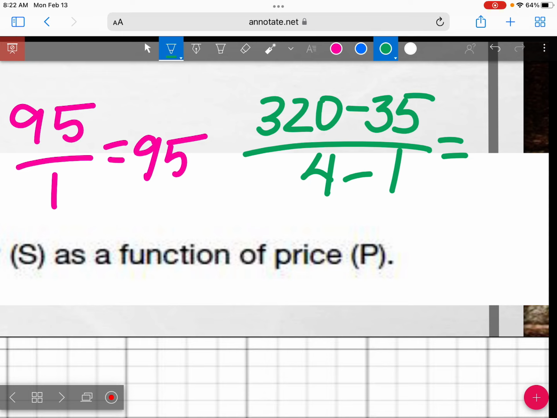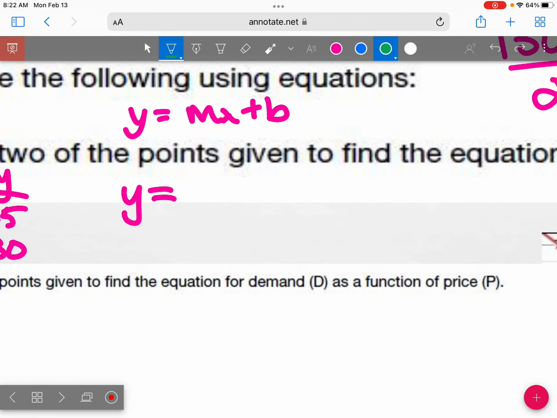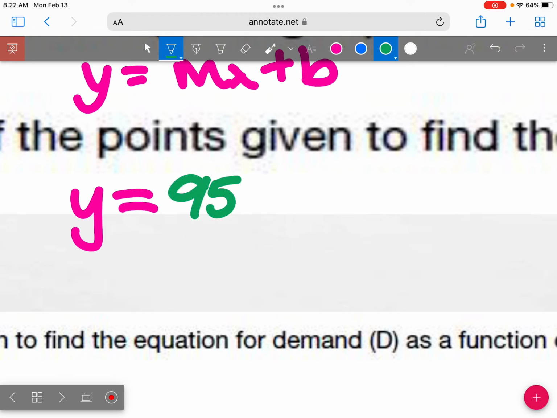Okay. So we got our y equals 95x, right? We want to find our y-intercept, right? That's what b is. How can we find our y-intercept?